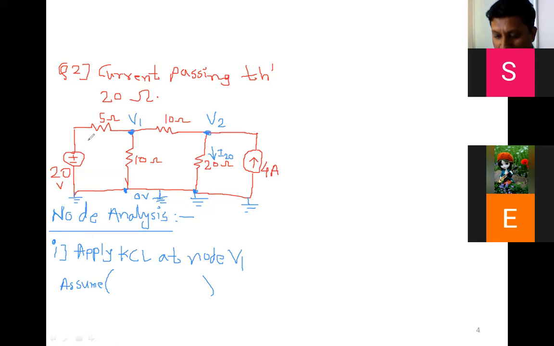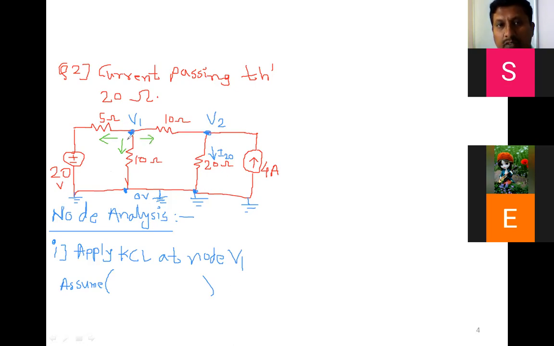So now you have to think about only the V1 node. How many branches are connected? 3. Okay. From left to right, we are going to analyze. In the first branch, current is not given, so mark as outgoing. In the second branch, also current is not given, so mark as outgoing. In the third branch also, current is not given, so mark as outgoing. Mark it near that node only.